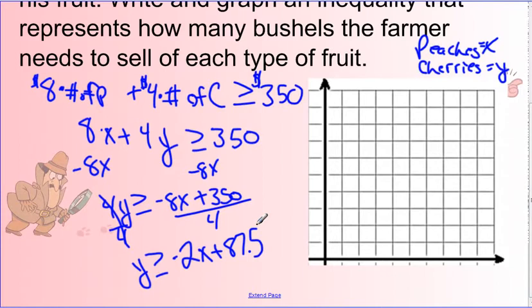So, bushels of, what did we say the x was? Peaches. P-E-A-C, I can't spell peaches apparently. P-E-A-C-H-E-S. And then this is bushels of cherries.